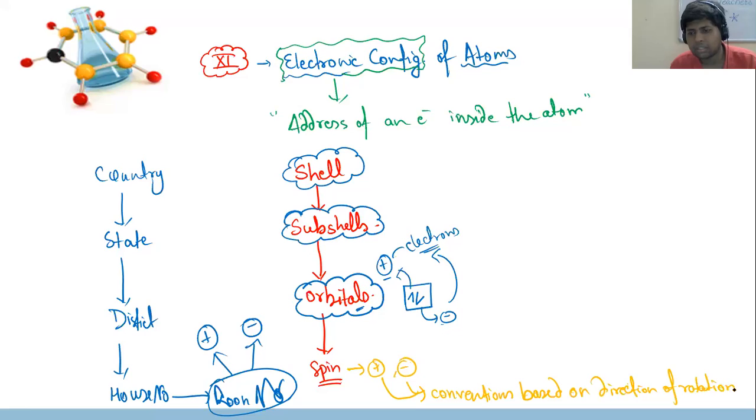Yes, the electron is rotating, like Earth around its axis. Means the electrons are performing both rotation and revolution at the same time, like other celestial planets. So based on the rotation of the electron, it is assigned positive or negative.